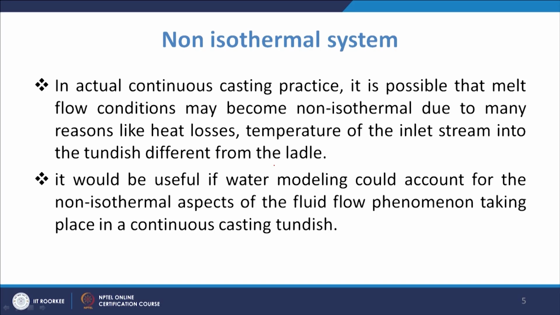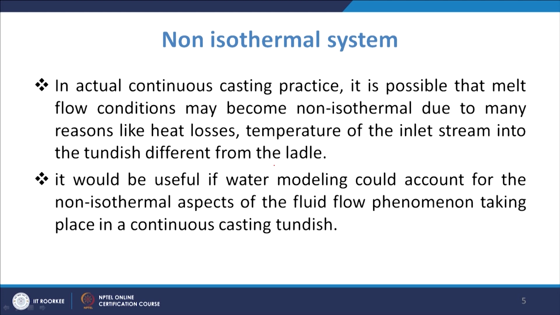Coming to the non-isothermal system. So, in most of the cases, the system becomes non-isothermal because the temperature cannot be said to be uniform. So, in actual practice, the system is non-isothermal because the temperature is varying. In actual continuous casting practice, the melt flow conditions may become non-isothermal because of many reasons like heat losses.